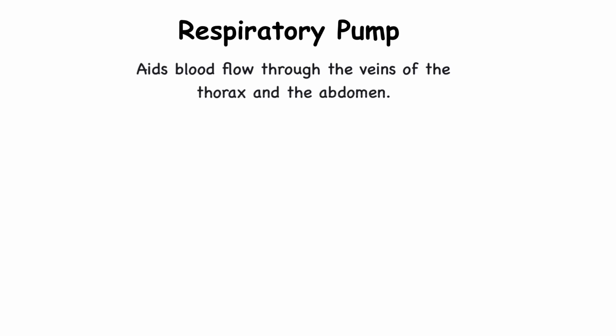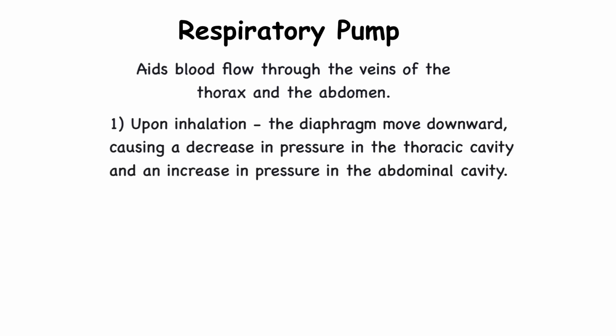The respiratory pump aids blood flow through the veins of the thorax and the abdomen. During inhalation, the volume of the thorax increases as the diaphragm moves downward, which causes a decrease in pressure in the thoracic cavity and an increase in pressure in the abdominal cavity.